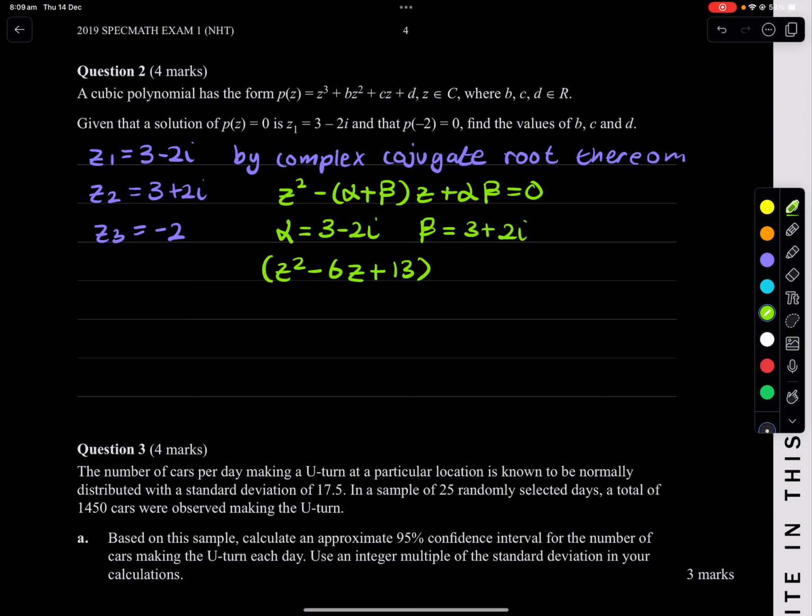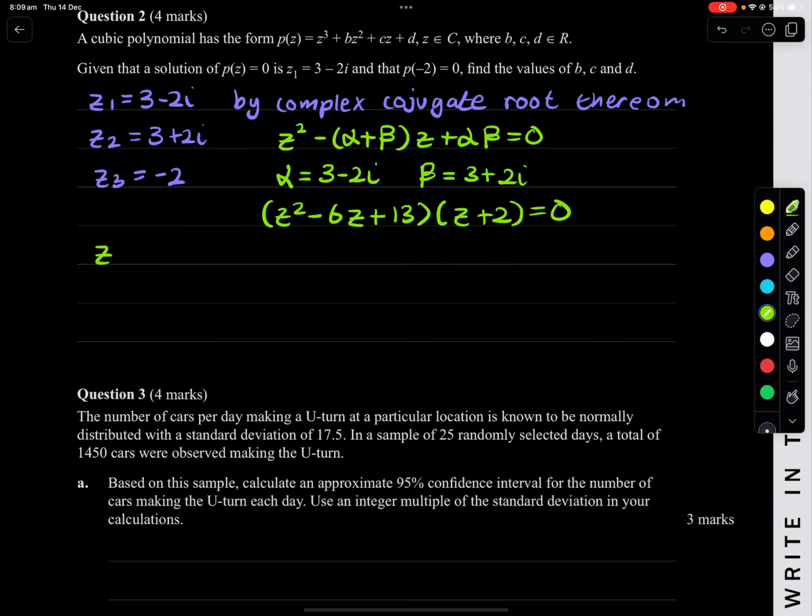And we already know this is a root, and it's a real number, so it's going to be just z plus 2 equals 0. Let's expand this and get it in this form. So expanding this, we're going to get z to the power 3 plus 2z squared minus 6z squared minus 12z plus 13z plus 26.